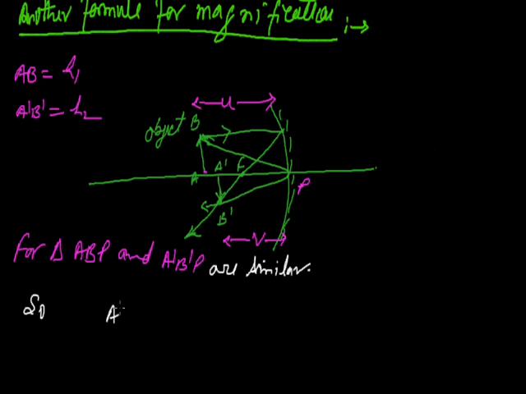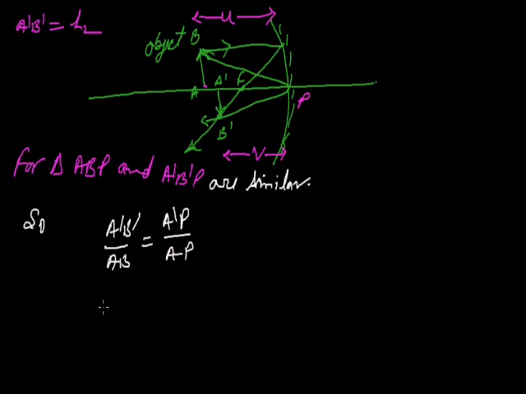So A dash B dash divided by AB will be A dash P upon AP. A dash B dash is H2 upon H1. A dash P is V upon U.